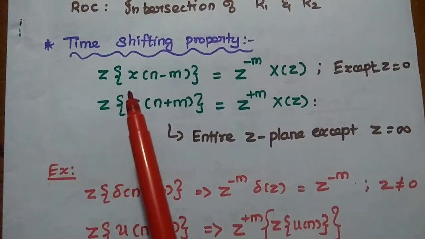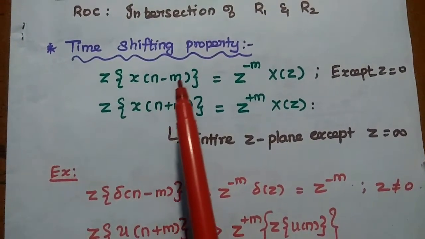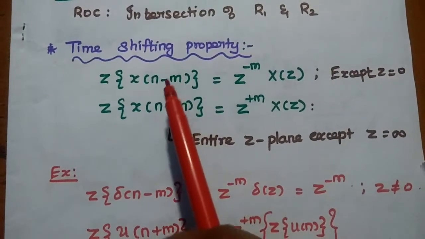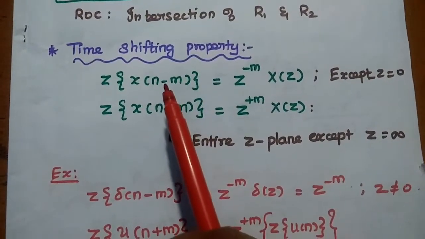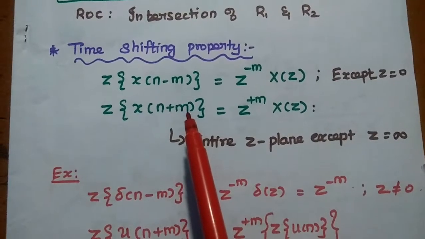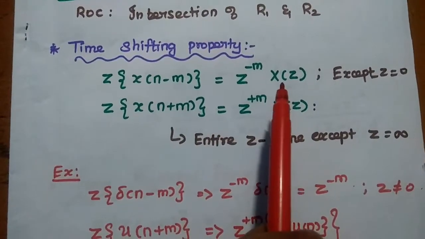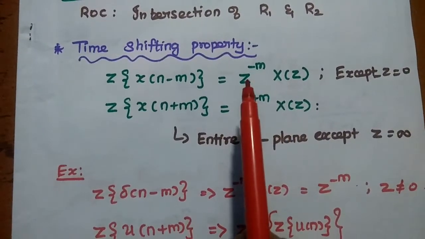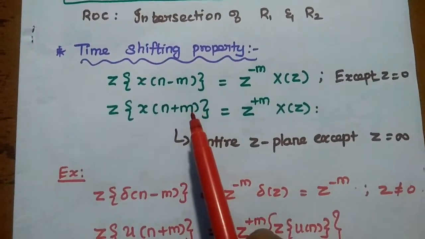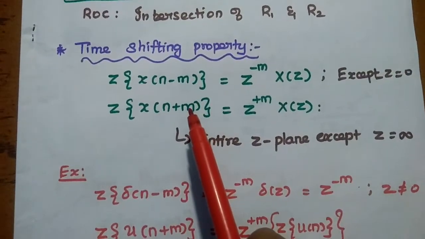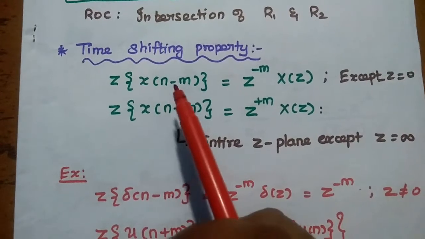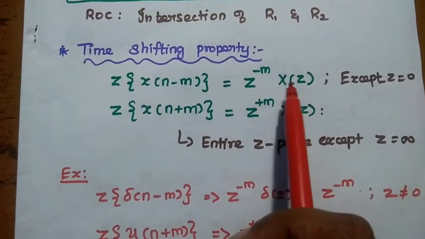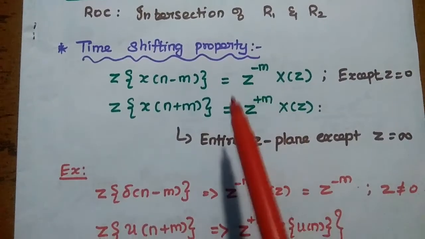So the Z transform of x of n minus m, that is, time is shifted either to the negative side or to the positive side. The transformed signal is multiplied by z power of the delay, the time shift. Okay, so if it is x of n minus m, the transform is multiplied by z power minus m.